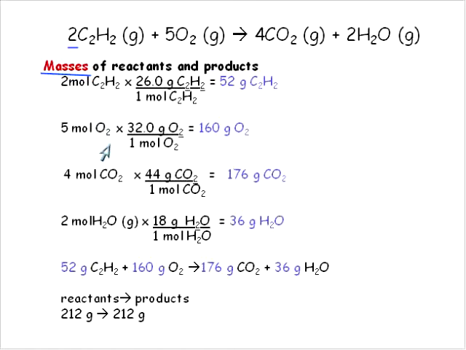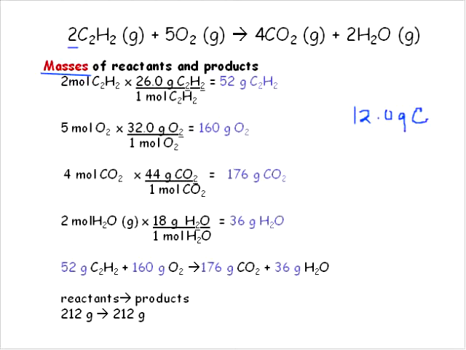The molar mass of oxygen is 2 times 16, which is 32, and that's how we get this number here. We have 5 moles of that, and 32 grams is 1 mole, so it'd be 5 times 32, which is 160. Same thing with carbon dioxide. To get the molar mass of carbon dioxide, we have 1 carbon, which is 12 grams, and 2 oxygens.